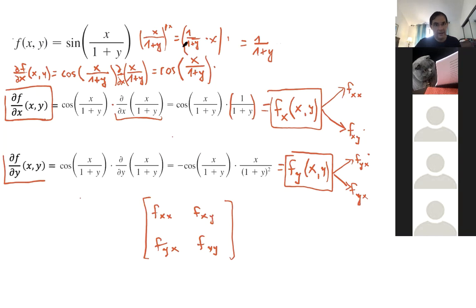Okay, and the other one is exactly the same. So if I want to compute the derivative of this function f with respect to y of xy, this is going to be the same thing. The derivative of sine is cosine of whatever the input is, x divided by 1 plus y.